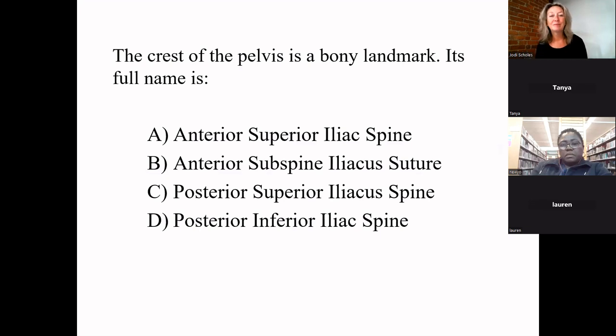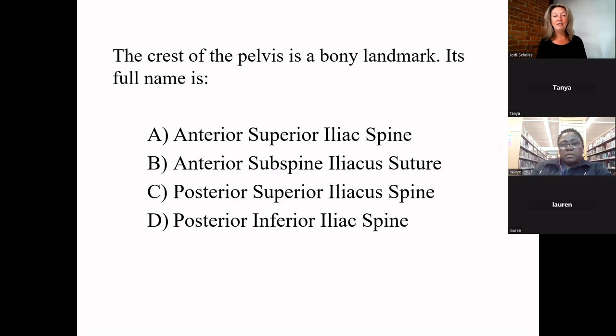All right. The crest of the pelvis is a bony landmark. Its full name is... I see some answers coming up. Ready. All right. So the crest of the pelvis, a bony landmark, its full name is: A, the anterior superior iliac spine.